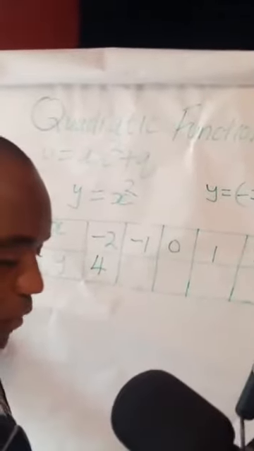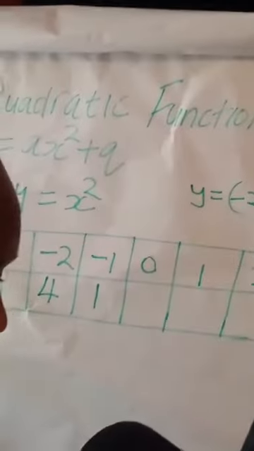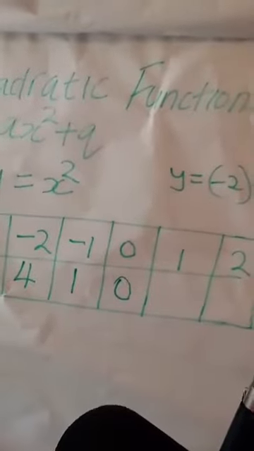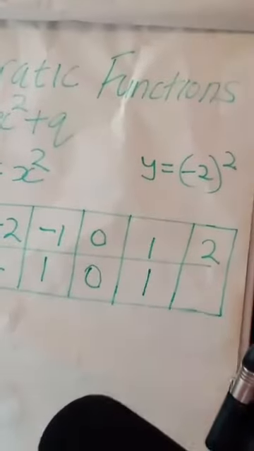When x is minus 1, your output value is 1. When x is 0, your output value is 0. When x is 1, you are squaring 1, you get 1. When x is 2, 2 squared is 4.